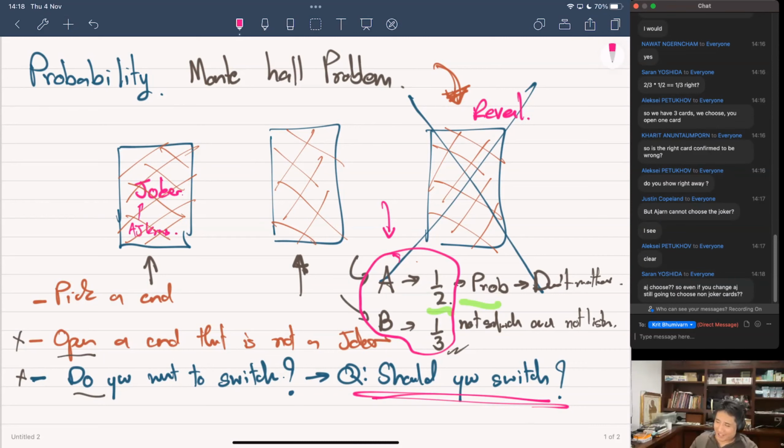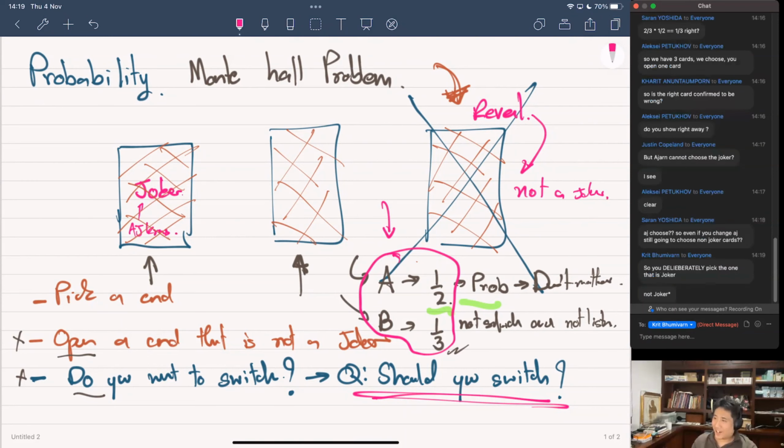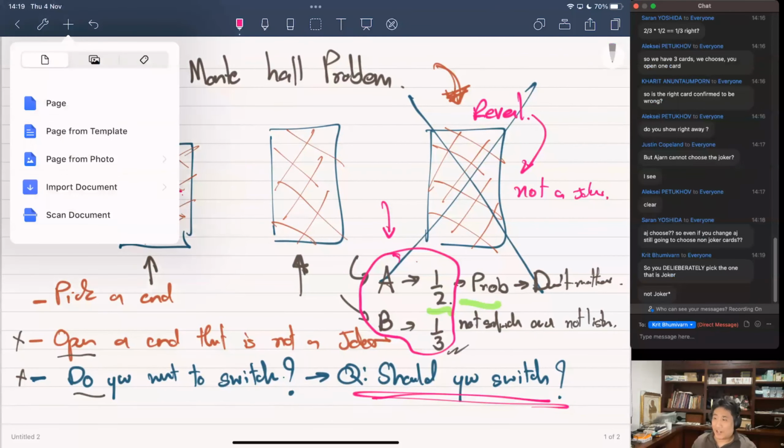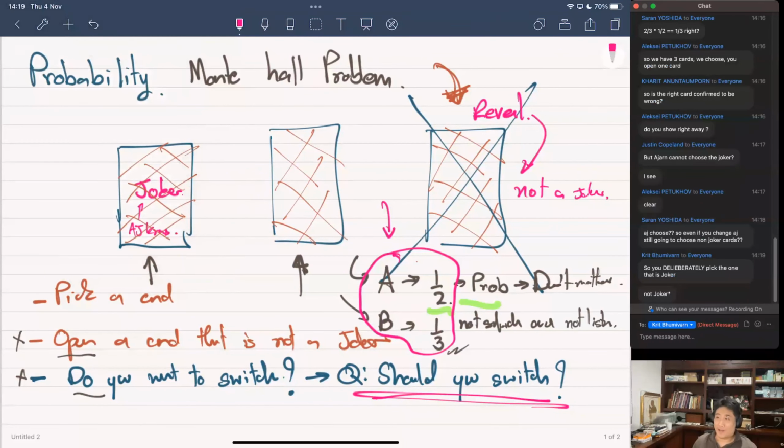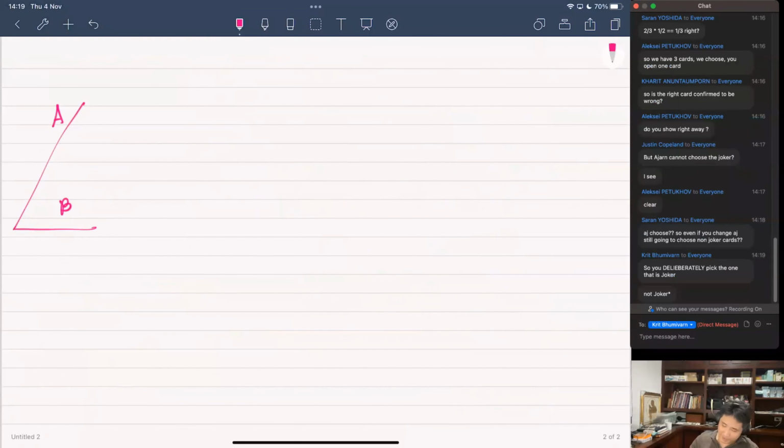I deliberately show you the one that is not a joker, not the one that is a joker. So that means you know there is a joker left, whether you switch or not.